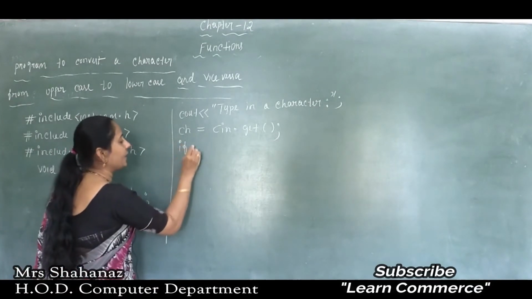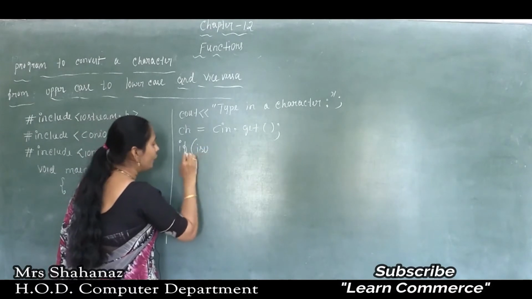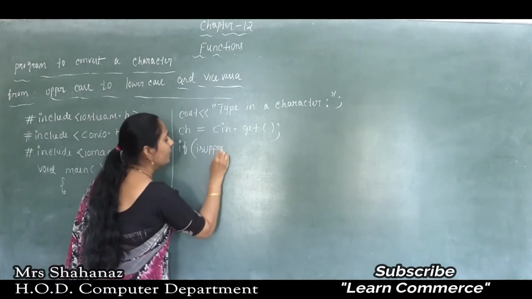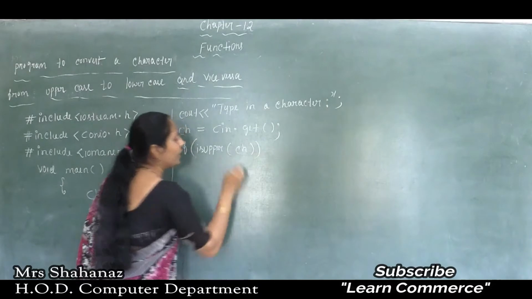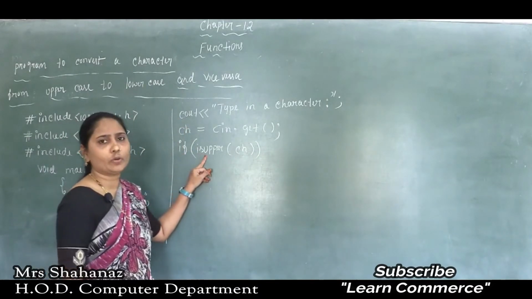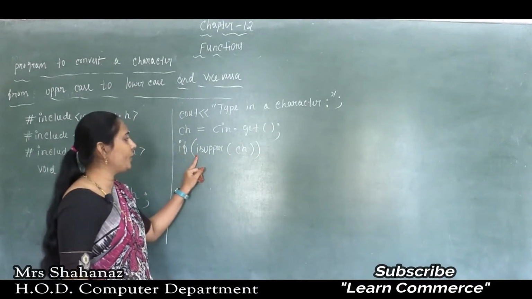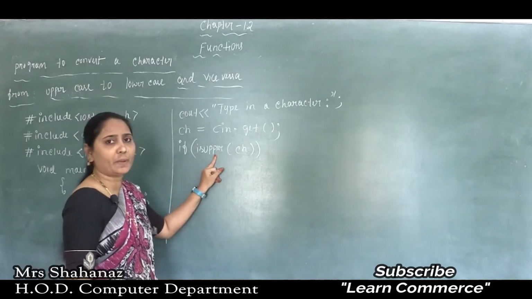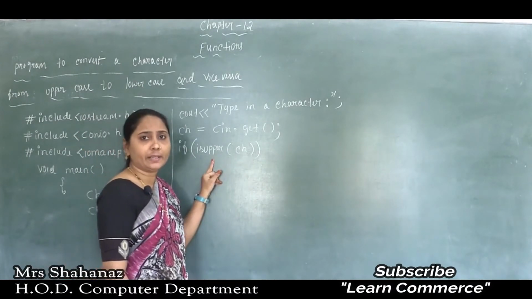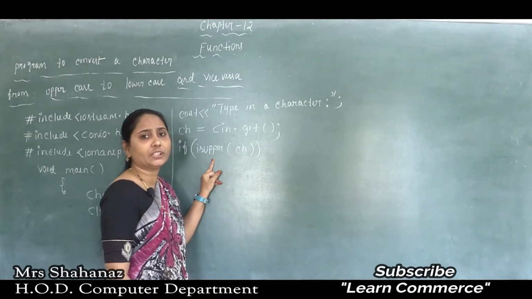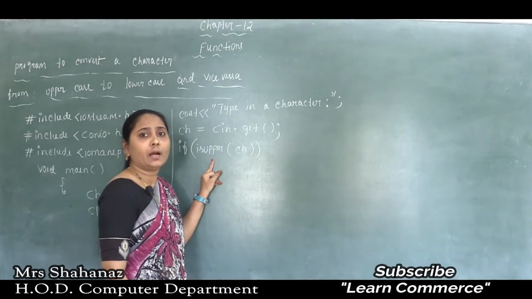The condition is: if (isupper(ch)). Clear this one? Why are we using this condition? Opening of the parenthesis, isupper, no space, ch. That means it returns a non-zero value if the character is uppercase. Correct?